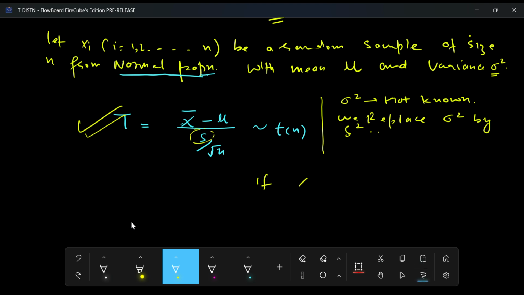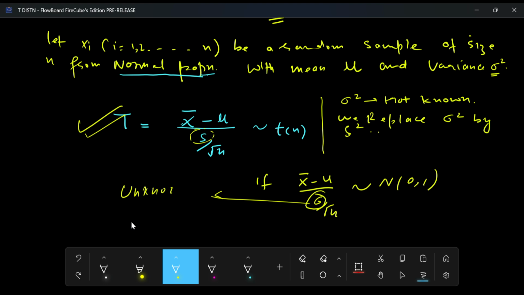If x bar minus mu upon sigma upon under root n, this will simply follow normal 0 comma 1. But if sigma is unknown, the distribution will be called T distribution.